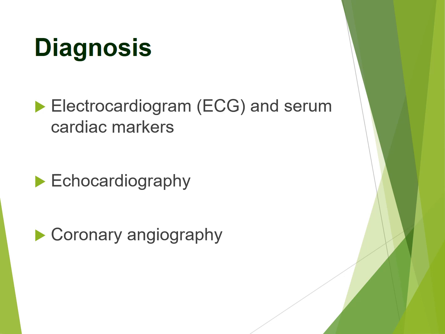The serum cardiac markers will also appear only when there is cardiac or myocardial infarction. Echocardiography can show segmental or global wall motion abnormalities or depression in the contractility of the heart owing to myocardial ischemia, but this can be normal even in patients with coronary artery disease.